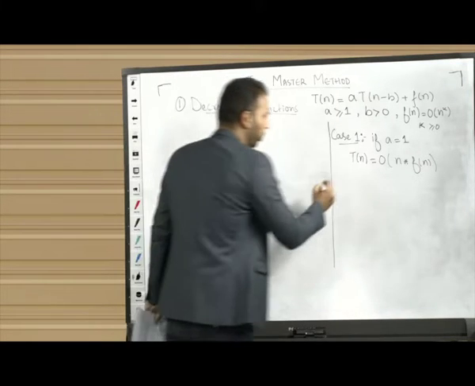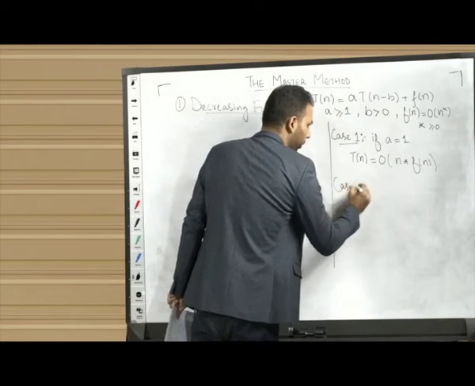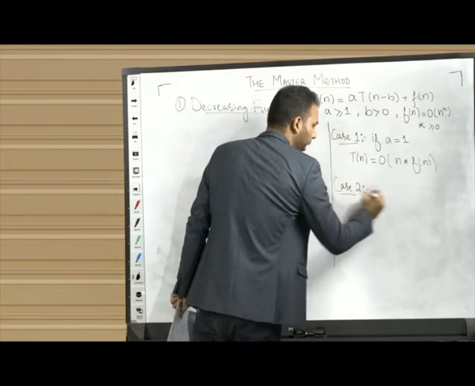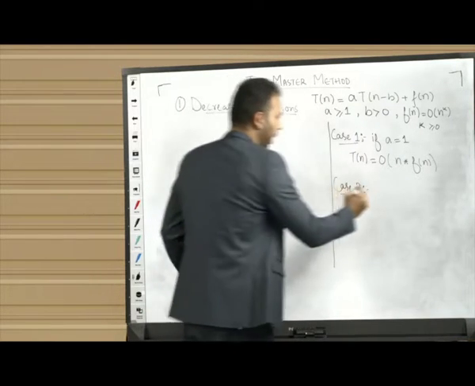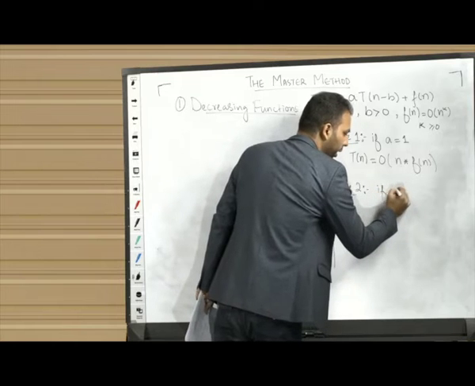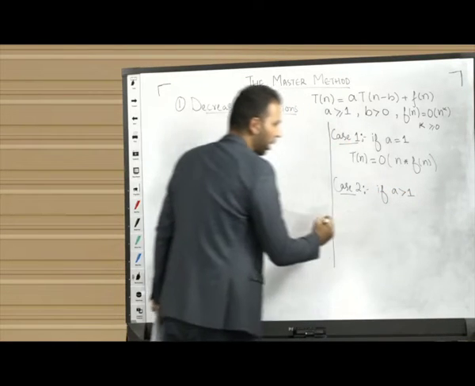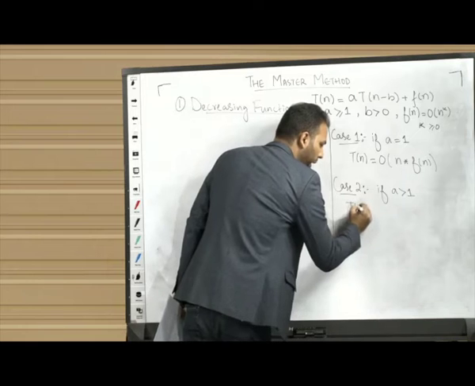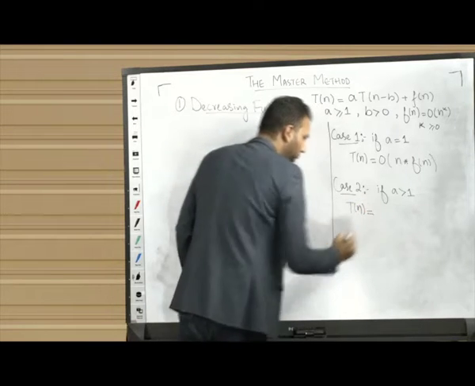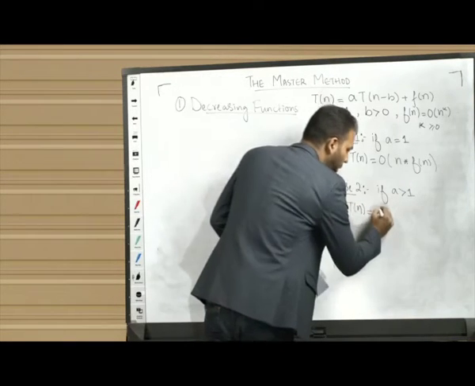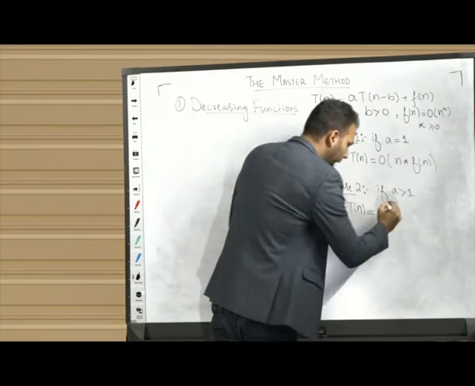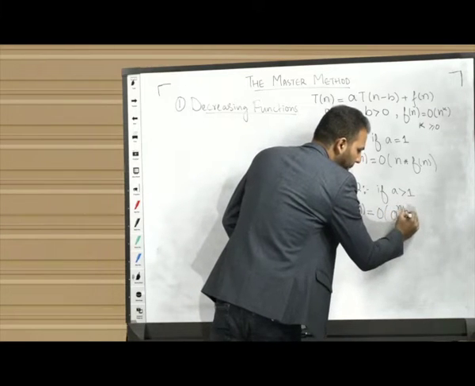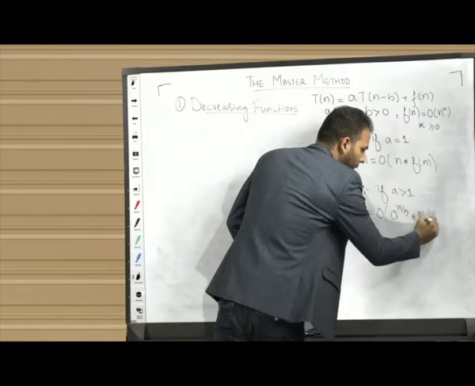And case 2 is that if A is greater than 1, then your T(n) is order of A raised to the power n by b multiplied by f(n).